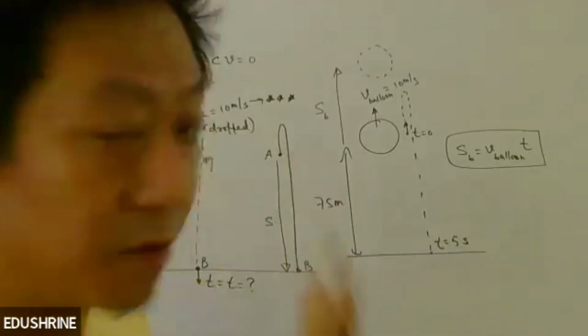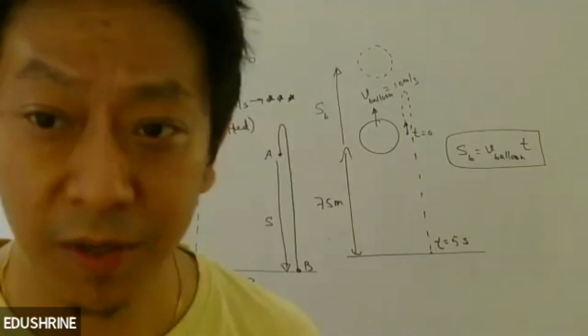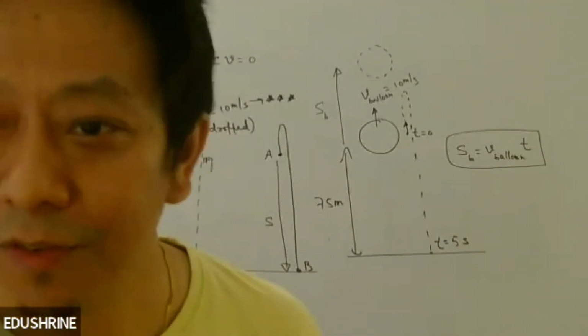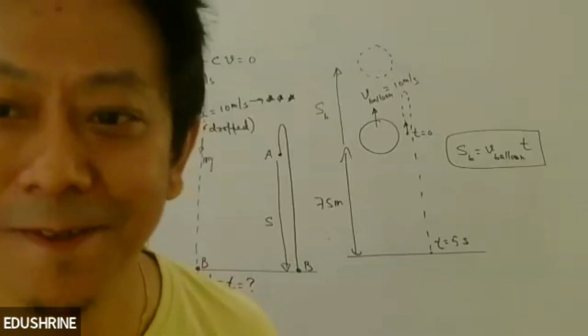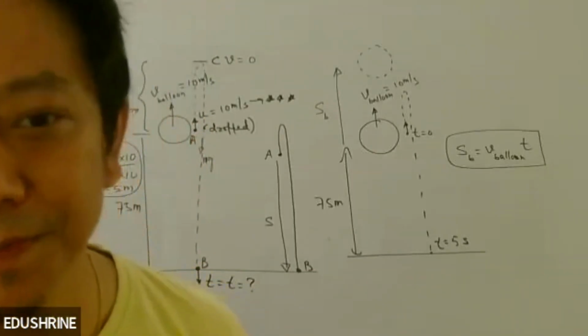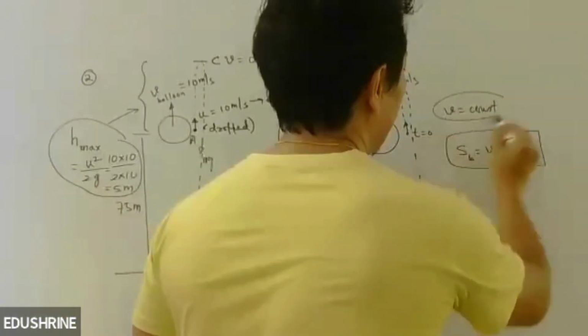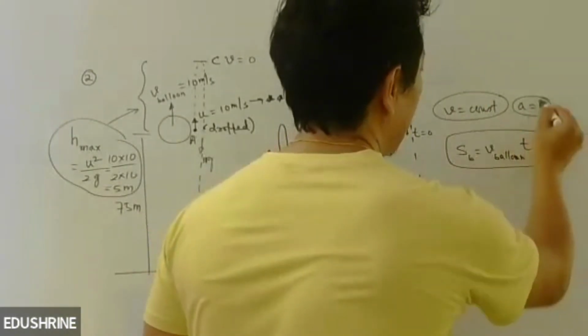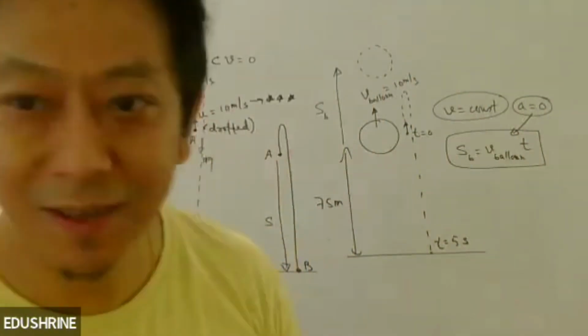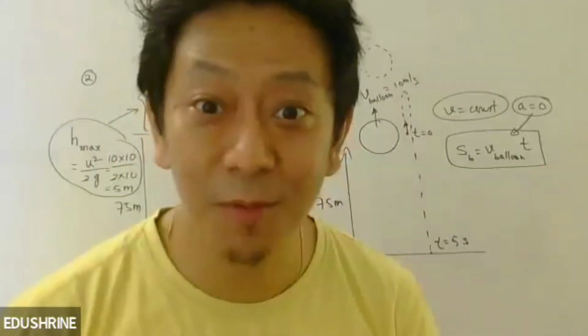The stone was obviously under free fall. Once the stone was dropped, it was under gravity, no other forces, mg only. Understood? So when v is constant, a is 0, and if a is 0, you can directly write what formula? Your school formula. What was the formula?